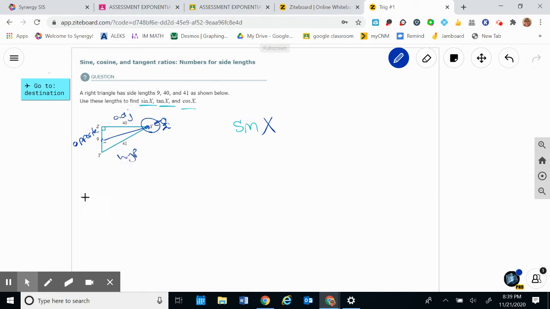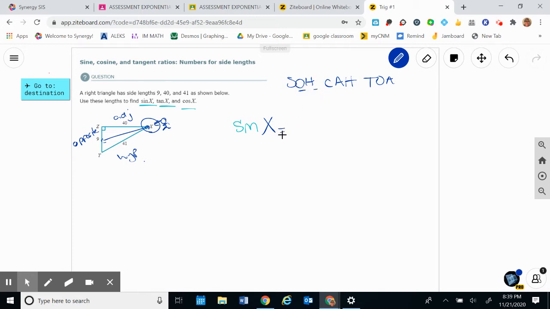The first thing you want to do is identify your sides. Once you have identified your sides, the whole ratio thing becomes very easy. Identify your sides from the perspective of wherever they told you to stand. So sine x.